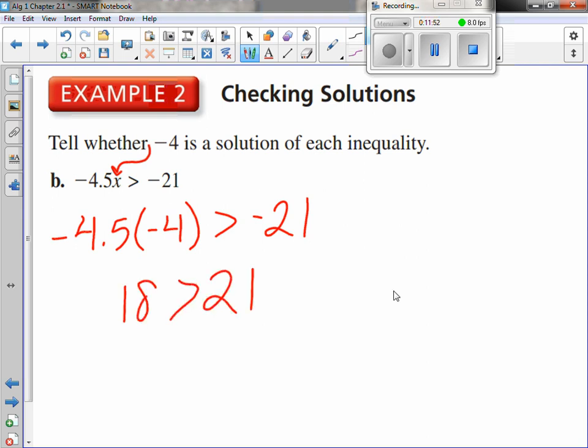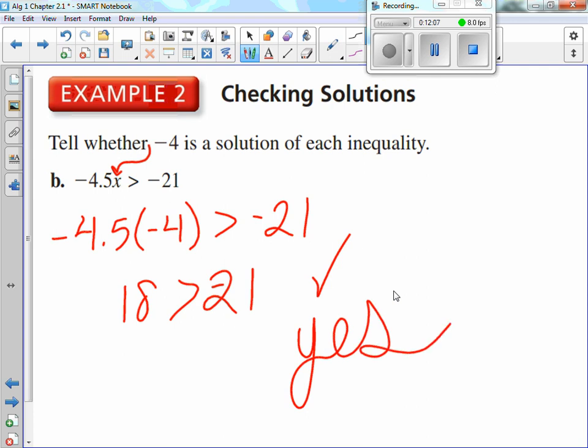Is 18 greater than negative 21? It's bigger than it, isn't it? So is it part of the solution set? Yes, this is part of the solution set because it gives us a true statement.